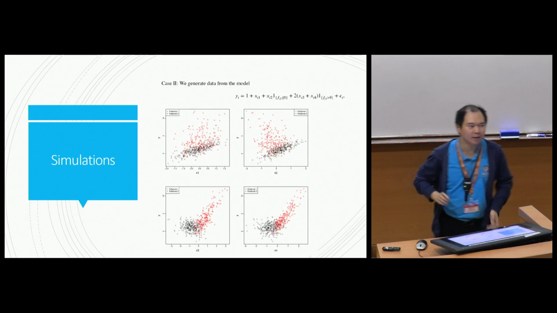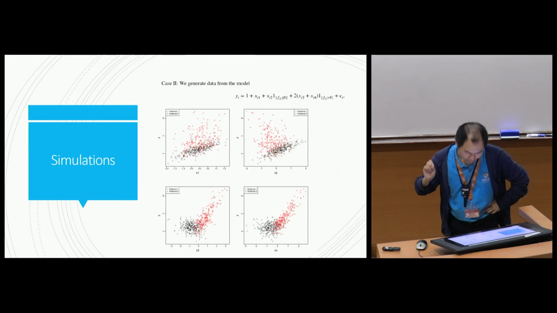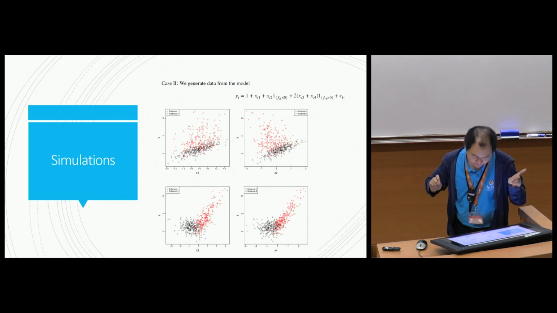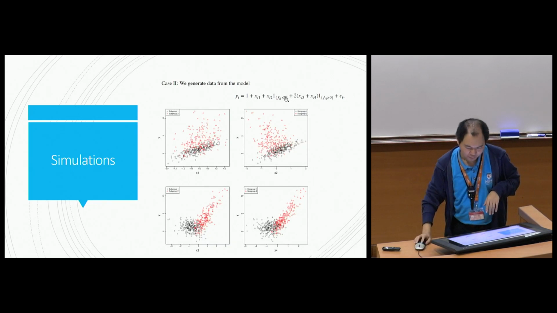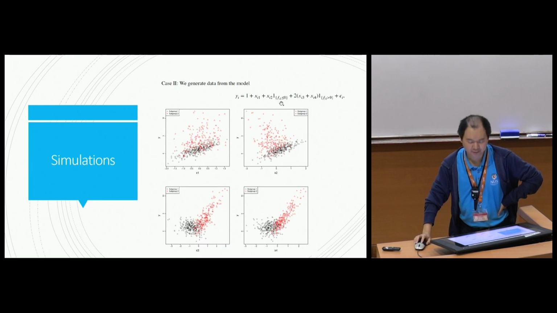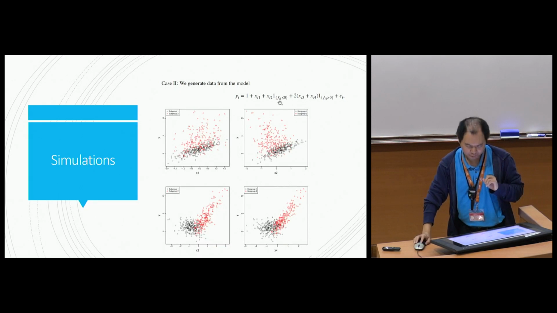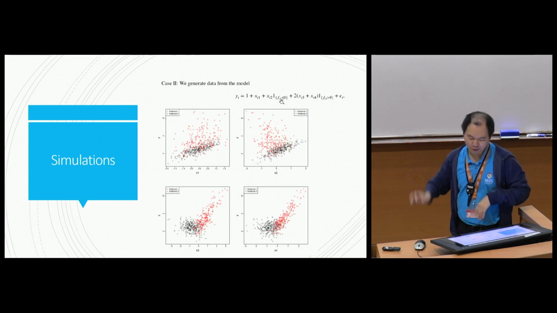In the second case, we consider two subgroups. So in this case, we use F. In the true model, the splitting factor is the first factor we used to generate X. So this true model follows this pattern.